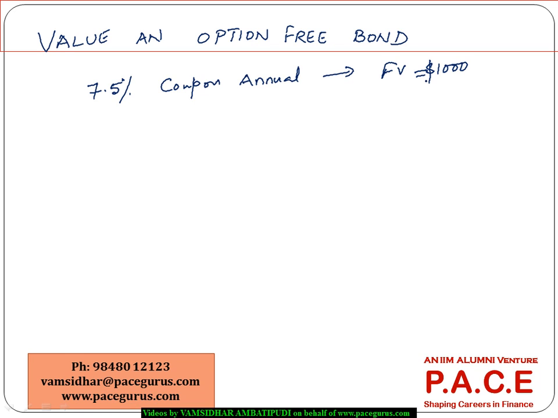If this is the way the interest rates are expected over the 2 years, what should be the value of a 7.5% annual coupon bond with 3 years to maturity?